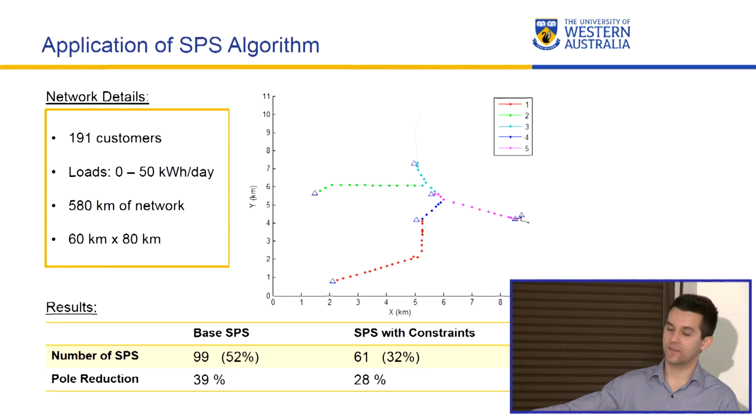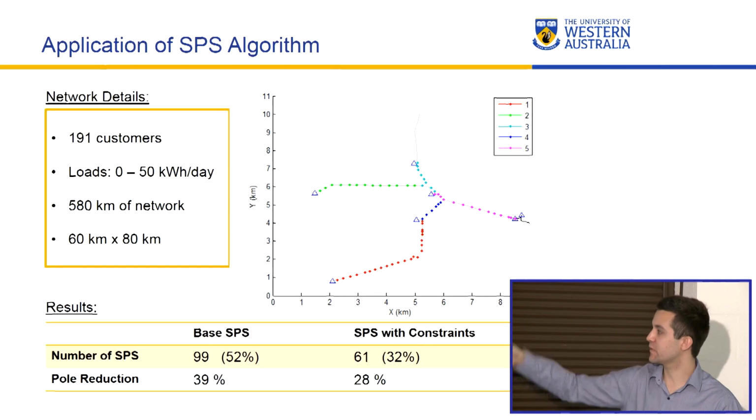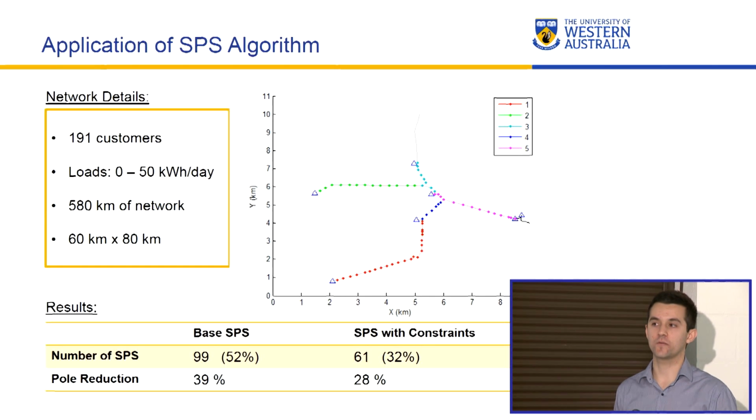Now, I just want to indicate, these solutions that we get won't be applicable to the entire network itself. So Western Power is not going to reduce their network by 28%, for example. It is just that for this particular area which we chose, the reduction would be around 28% if you replaced all the viable candidates with standalone power systems.